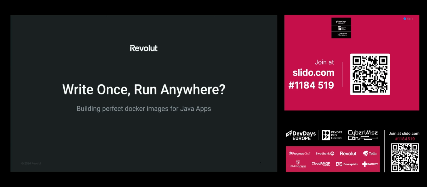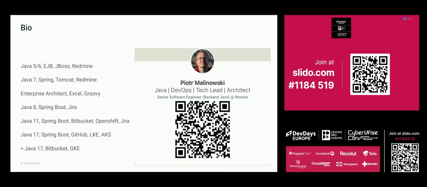Thank you. Okay, my name is Piotr Malinowski, and I will be talking about Docker images. So shortly about me, I work at Revolut. I'm a Java engineer. I started with Java 5 a long time ago, and I was traveling through a lot of framework stacks. Also, I was doing some DevOps tasks related to Docker and Kubernetes and OpenShift in the past.